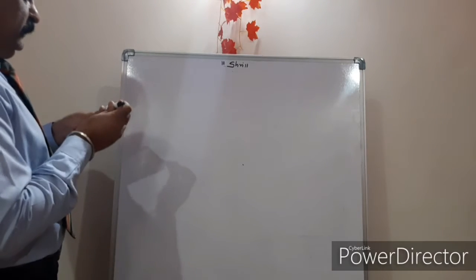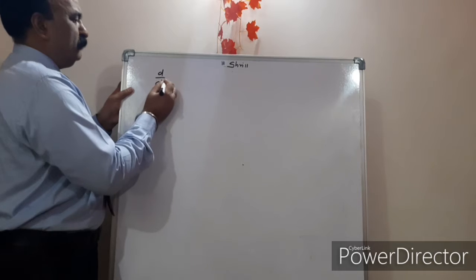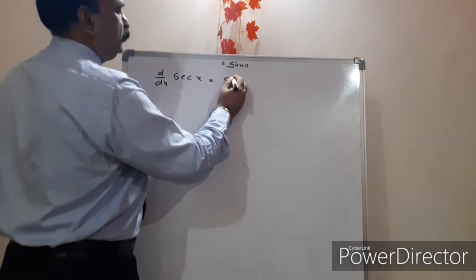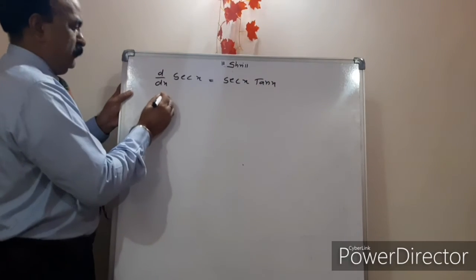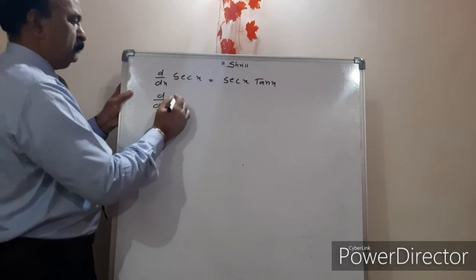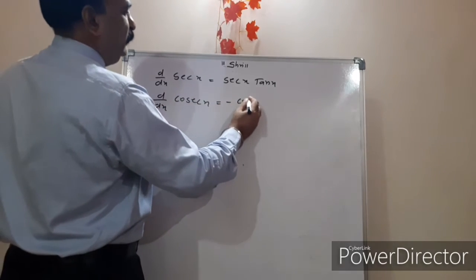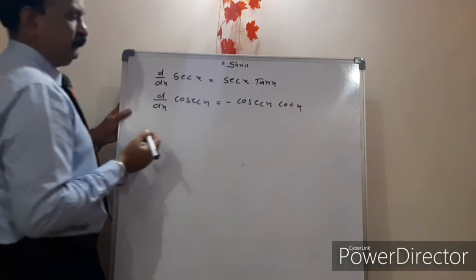Now d/dx of sec x is equal to sec x tan x. d/dx of cosec x is equal to minus cosec x cot x.